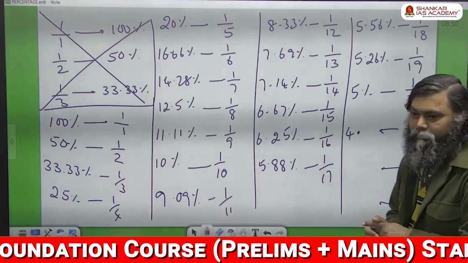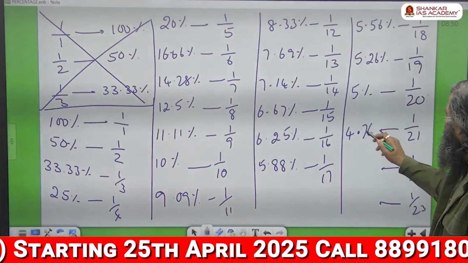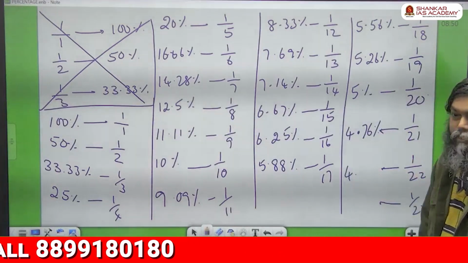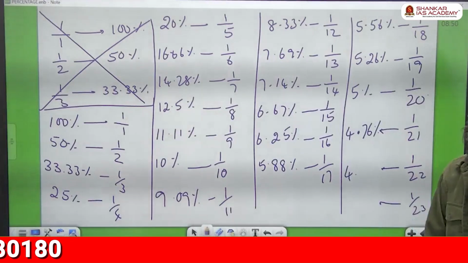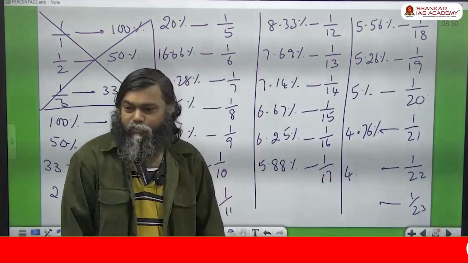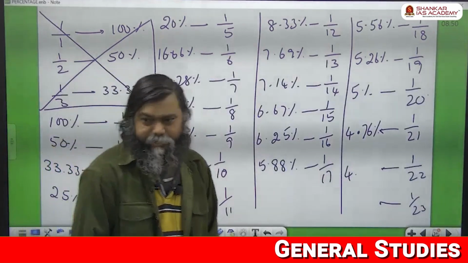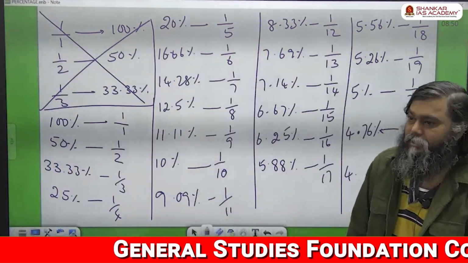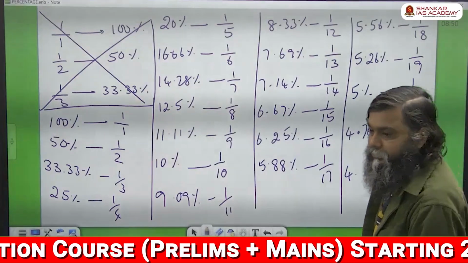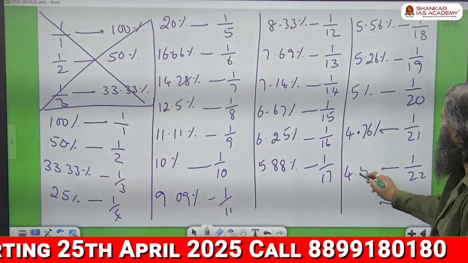Okay, 1 by 22, how much? 4 point? 4.10, yes. 1 by 22. You see what you people are doing. 4.5?